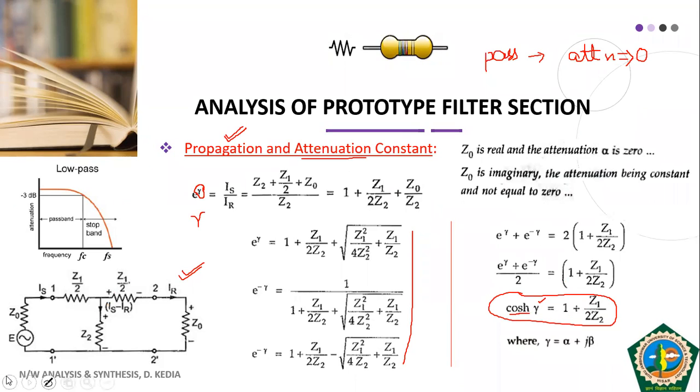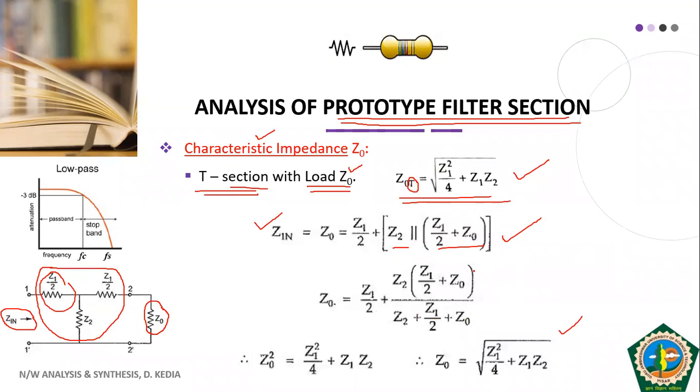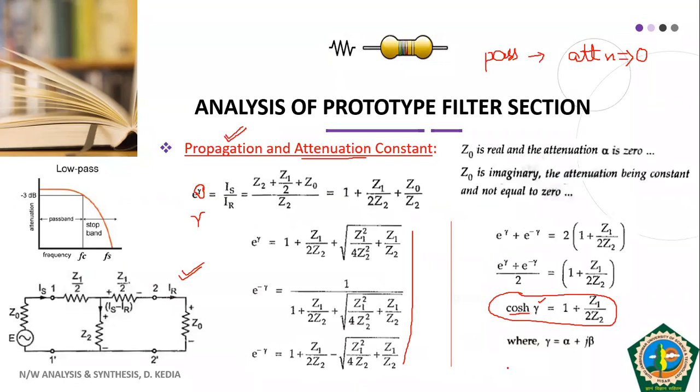If you see in the previous slide, we have also expressed the characteristic impedance in the form of Z1 and Z2. We further elaborate this propagation constant gamma. This is equal to alpha plus j beta, meaning gamma is a complex number, where the real part is alpha and beta is the imaginary part.